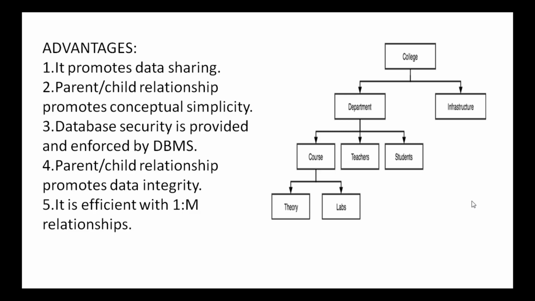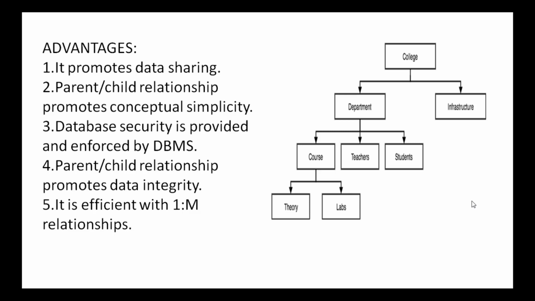Coming to the advantages of the hierarchical data model, it promotes data sharing. Also the parent and child relationship promotes data integrity. Integrity means the correctness of data, always verifiable data maintained by using the parent and child relationship.